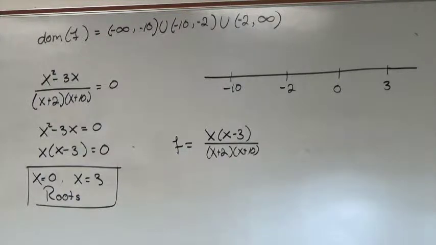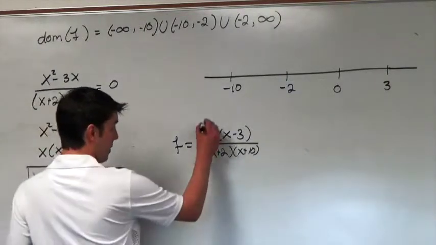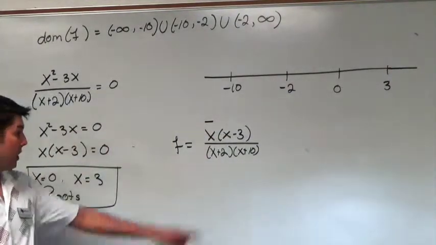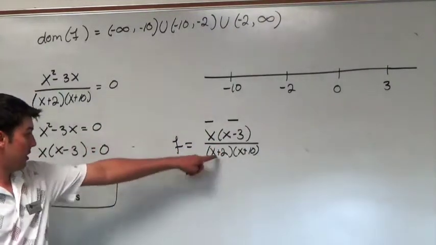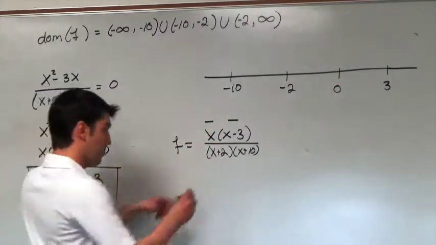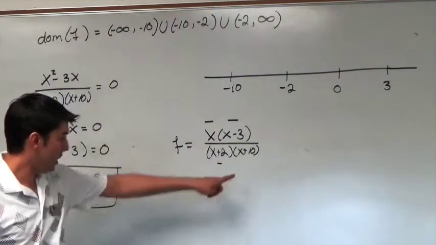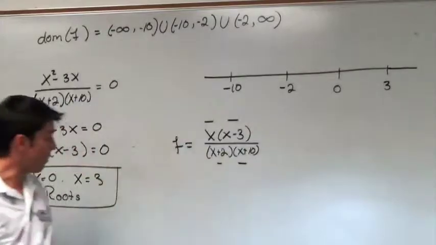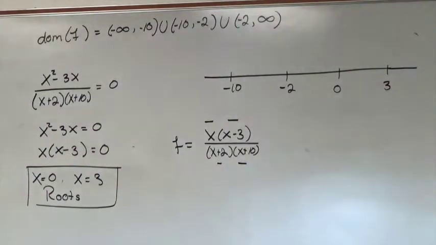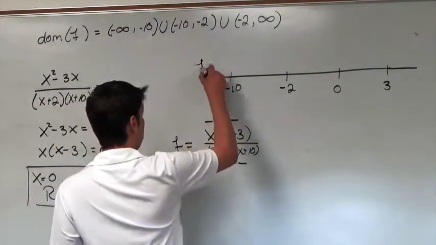Pick something less than -10. I choose -11. Plug it into the x's. If x is -11, then x is negative. -11 minus 3 is negative. -11 plus 2 is negative. And -11 plus 10 is also negative. So we have 4 negatives. That multiplies and divides to be positive.